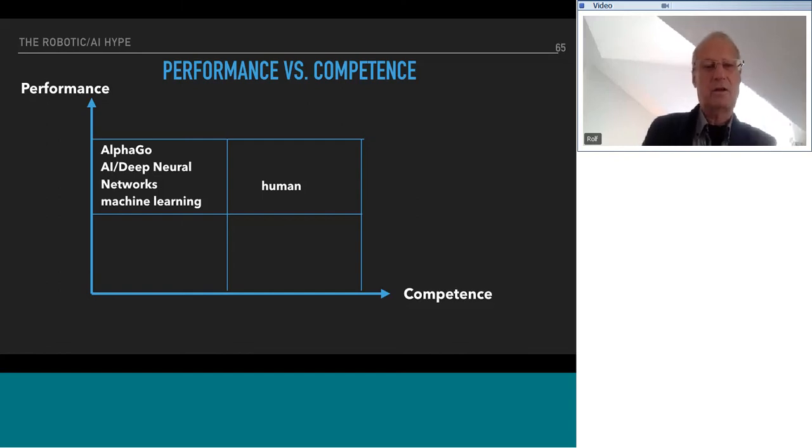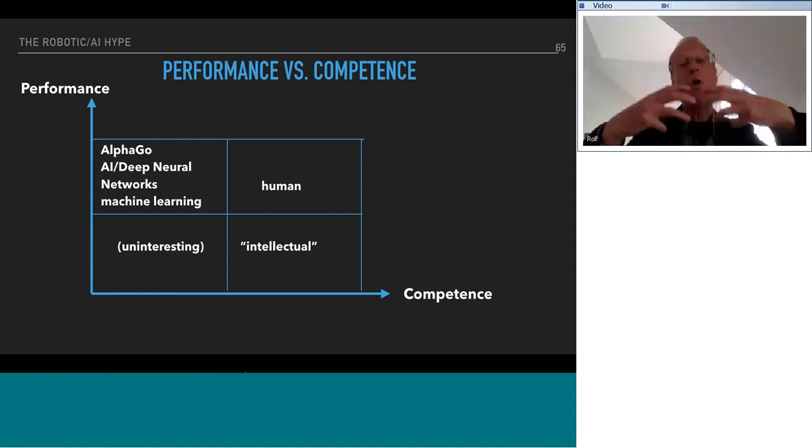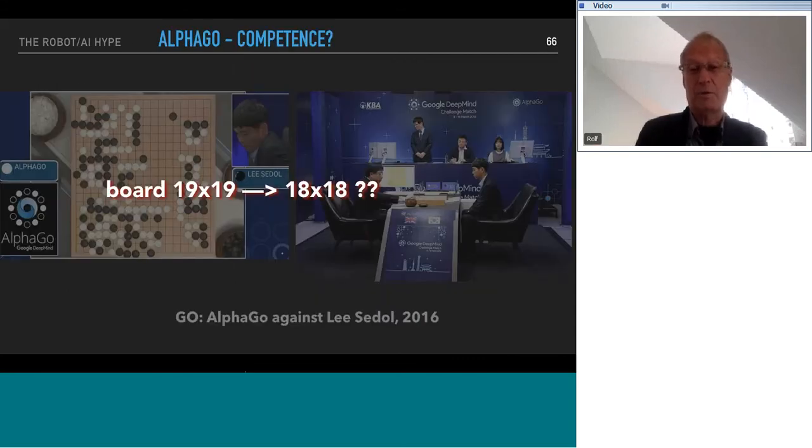In the lower left corner, we don't want systems that have low performance and low competence, so that's uninteresting. And then I was thinking what I could put in this last one. Some people suggested a politician, or maybe an intellectual: deep understanding about everything, but maybe not much performance.